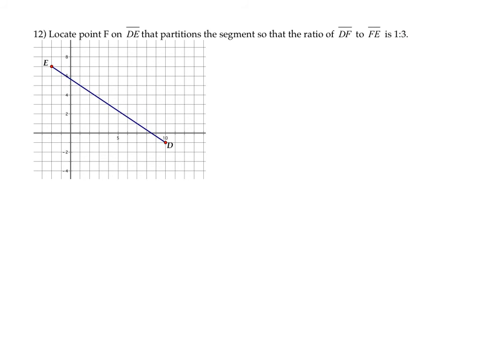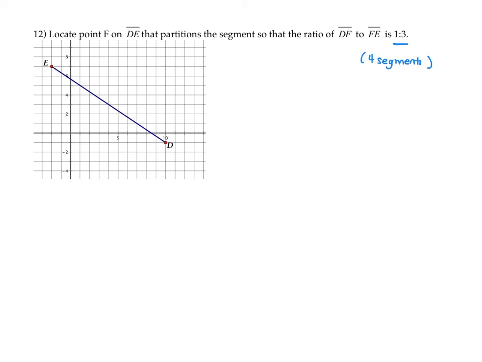Okay, number 12, it says locate point F on DE that partitions the segment so that the ratio of DF to FE is 1 to 3. So we're going to have a little segment compared to a longer segment. So keep in mind that we need 4 segments in total.